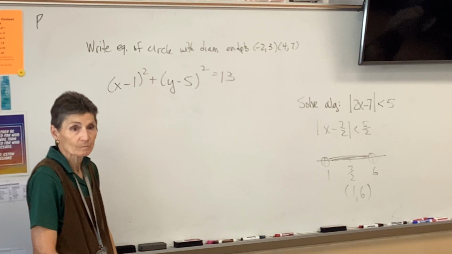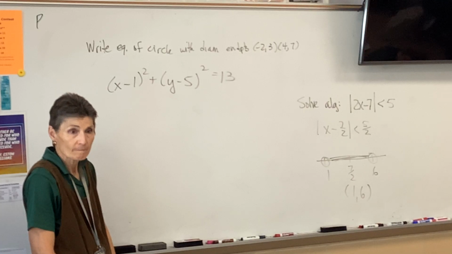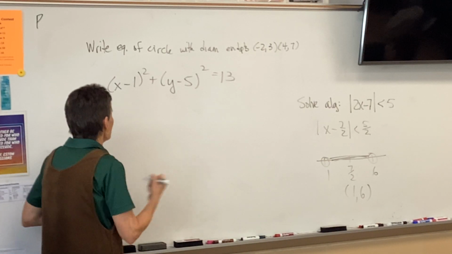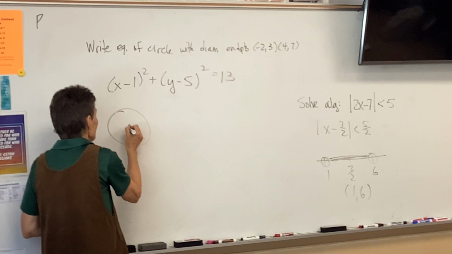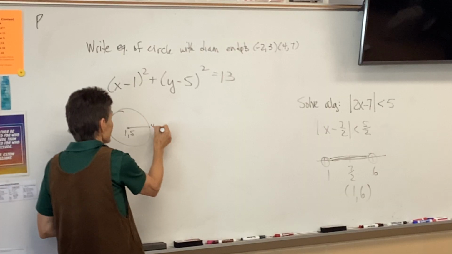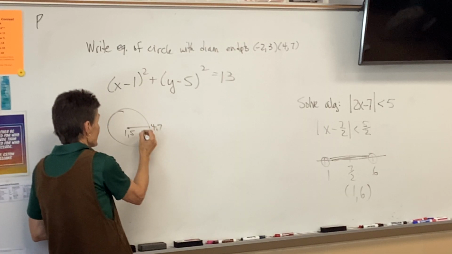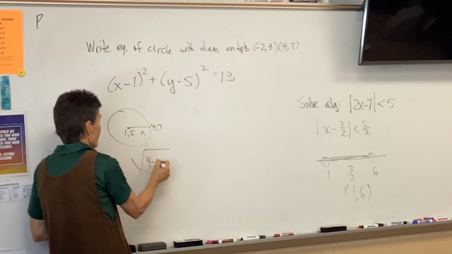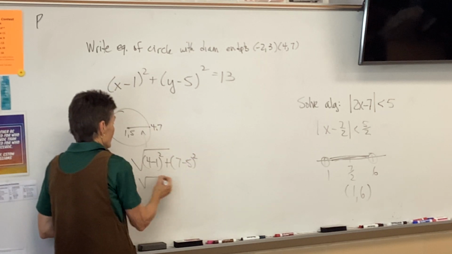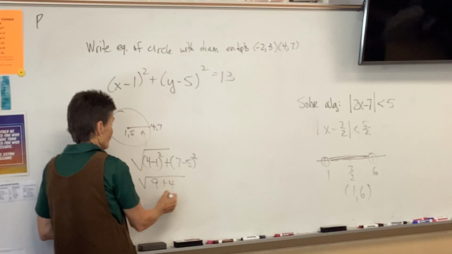Could you show how you get 13? I found my midpoint, or here's my circle. I found this one to be 1,5 and a 4,7 out here. So I found the distance here. So 4 minus 1 squared plus 7 minus 5 squared, so that'll be 9 plus 4, root 13.